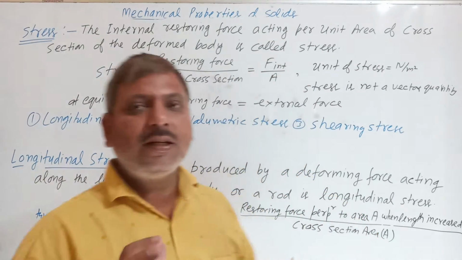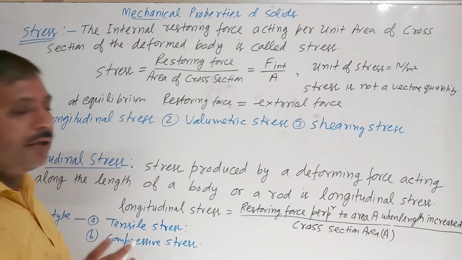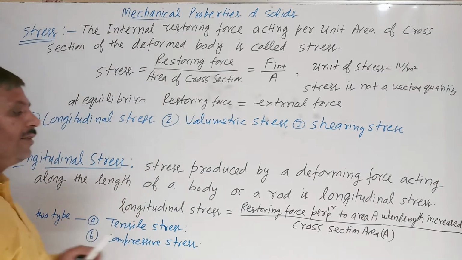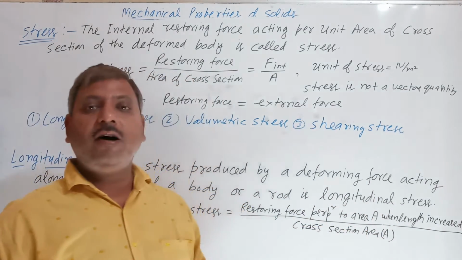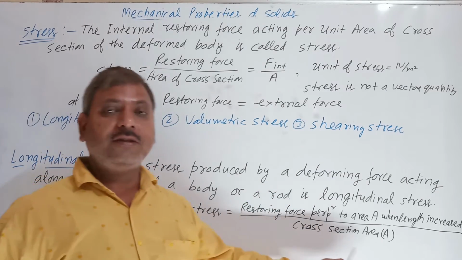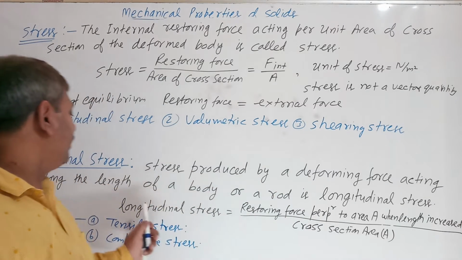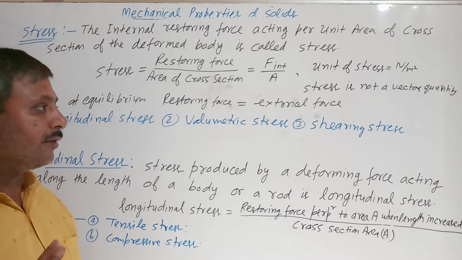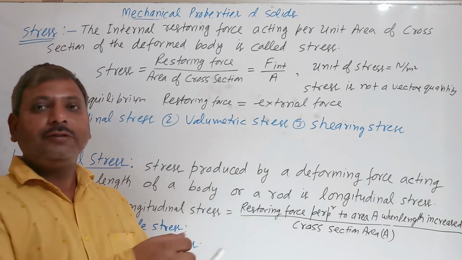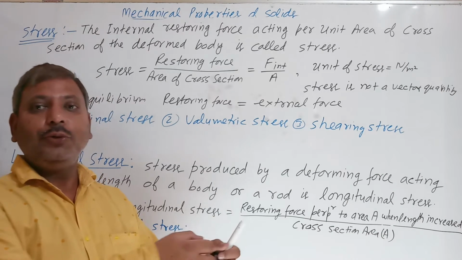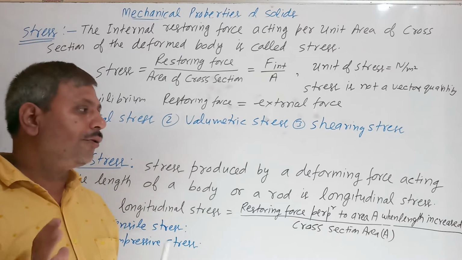That type of internal restoring force per unit area is called longitudinal stress. It is the restoring force perpendicular to the cross section area when the length is increased or decreased. So longitudinal stress comes from the change in length of a body by a deforming force.